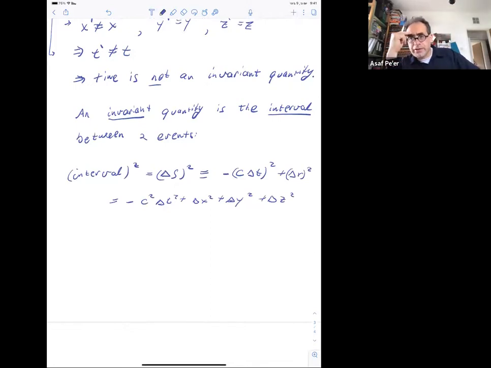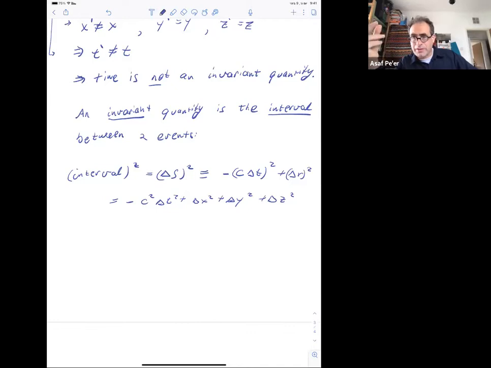Okay, pay careful attention. I'm talking about difference between two events, right? The first event occurred at time t1 and spatial location x1, y1, and z1. And the second event occurred at time t2 and spatial locations x2, y2, and z2.